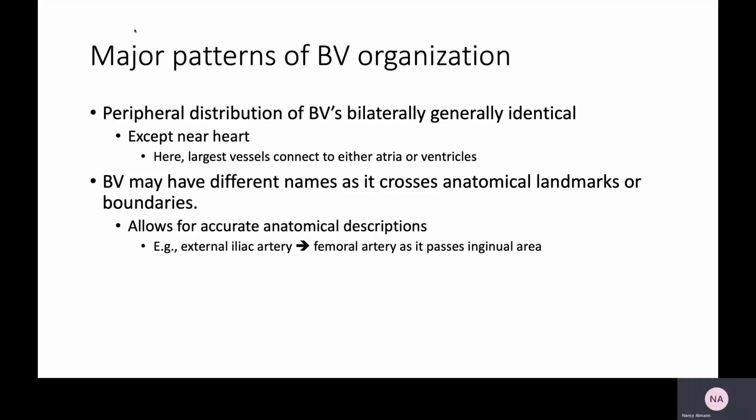So for example, the external iliac artery is now named the femoral artery once it passes the inguinal area. The subclavian arteries are suddenly the axillary arteries, which suddenly turn into the brachial arteries, depending on where you are.